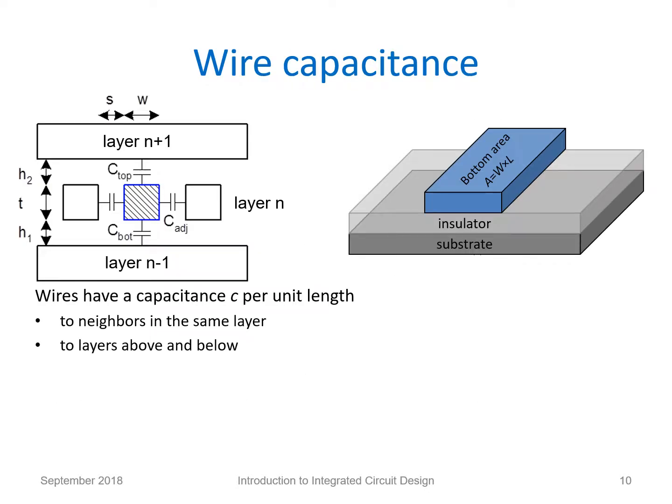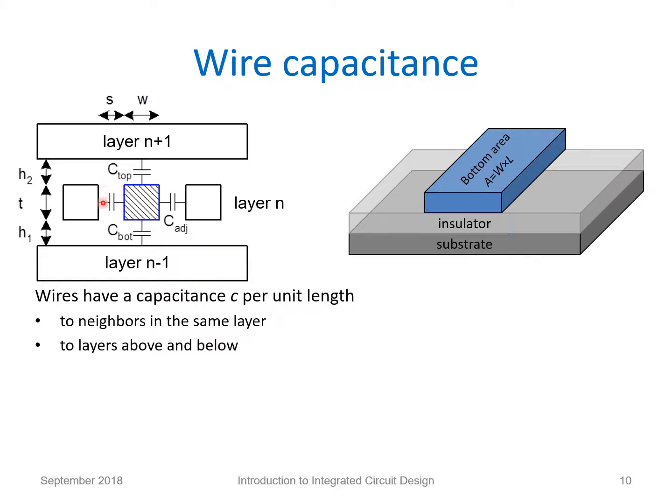Now let us turn our attention to wire capacitance. Wires, like the one highlighted in the middle of this figure, have capacitance per unit length to neighbors in the same layer, and to layers above, and to layers below.